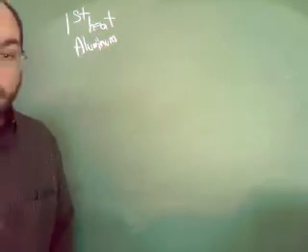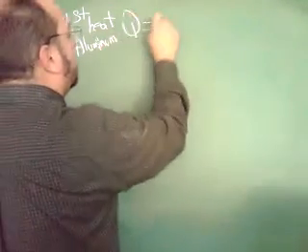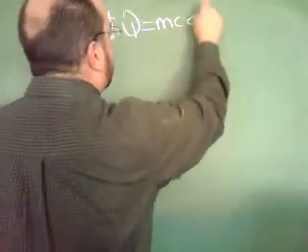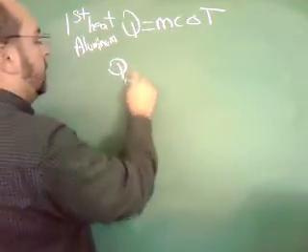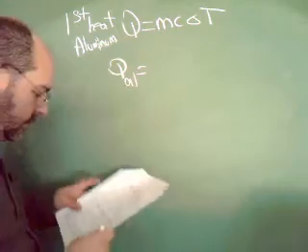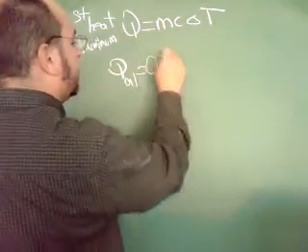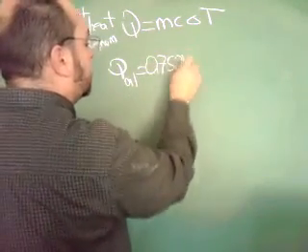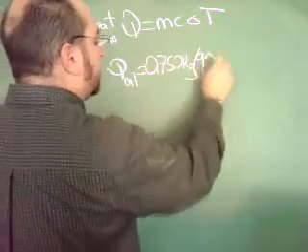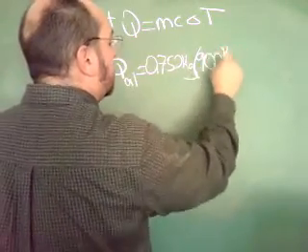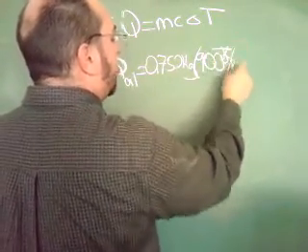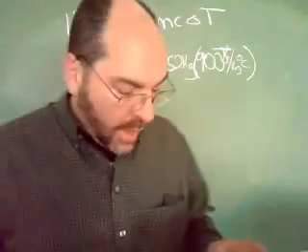Aluminum. Q equals mc delta T. Our aluminum Q is going to be the mass of aluminum, 0.750 kilograms, times the heat capacity of aluminum, 900 joules per kilogram degrees C, times the change in temperature.